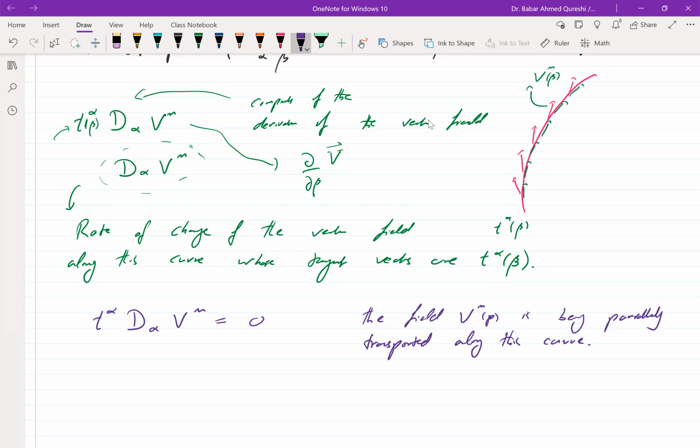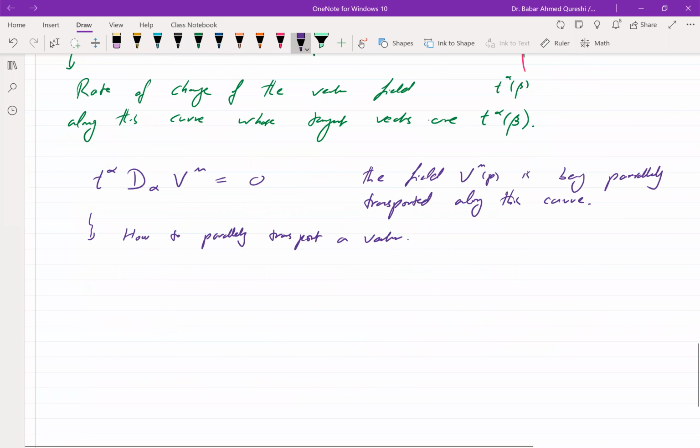It's keeping it as straight as you can. So this equation tells you how to parallelly transport a vector. And this depends on path.